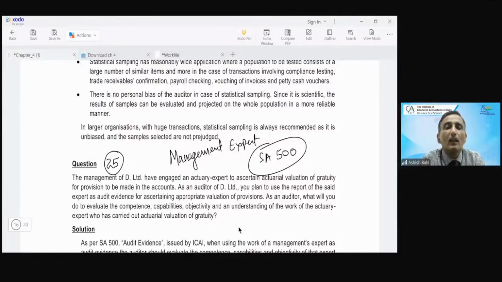So, as an auditor of D Limited, you plan to use the report of said expert for valuation of provisions. So, what would you do to evaluate competence, capabilities, objectivity, and understanding the work of actuary? How would you evaluate his competence? How would you evaluate his objectivity?